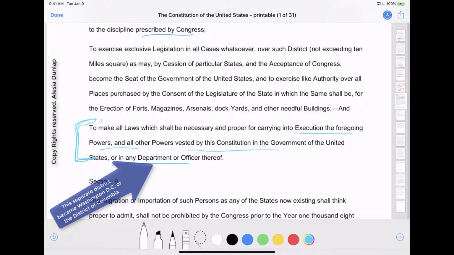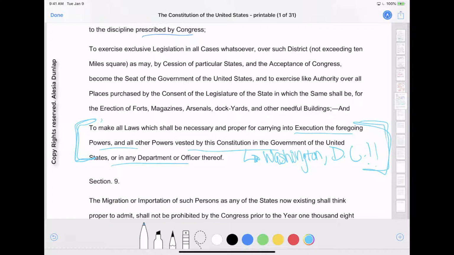Congress will have authority over bases and other government facilities. And if you know our nation's capital, there it is, Washington, D.C. This is where Washington, D.C. has been established. All right.